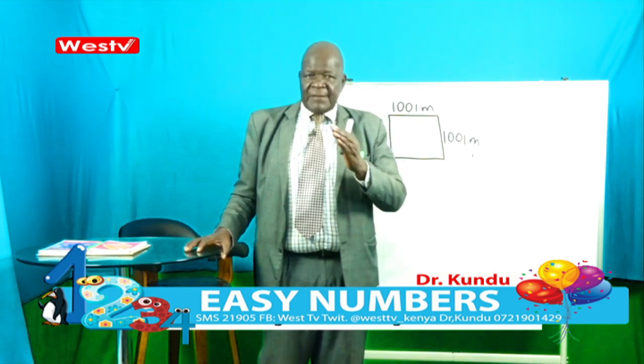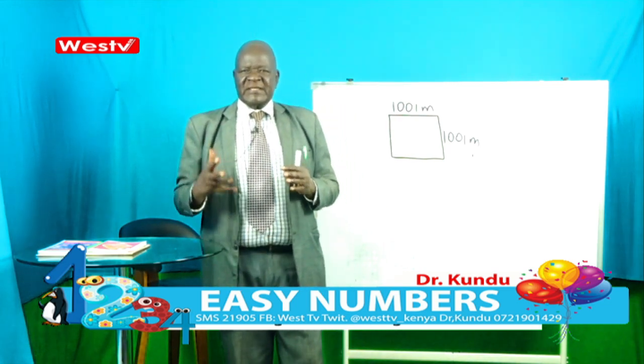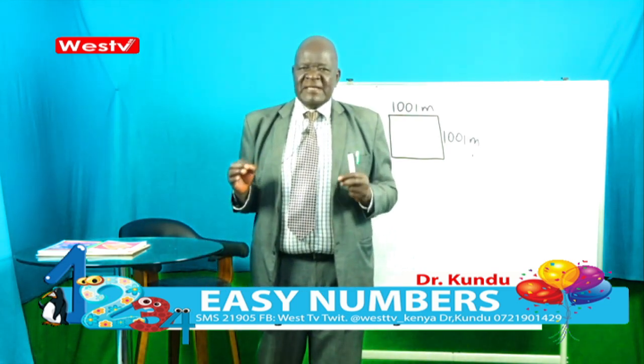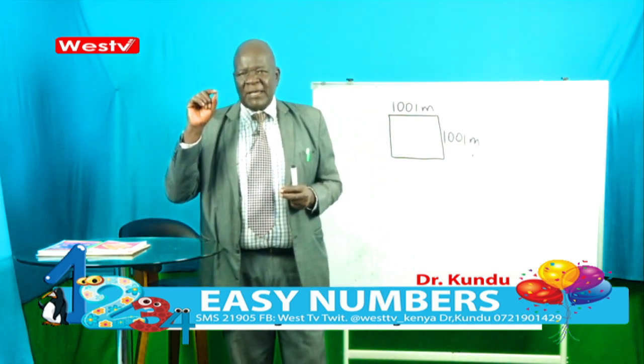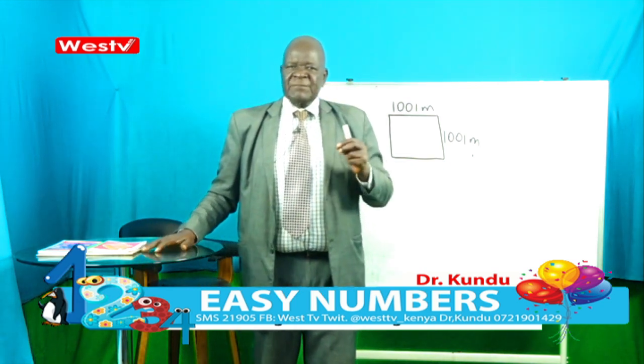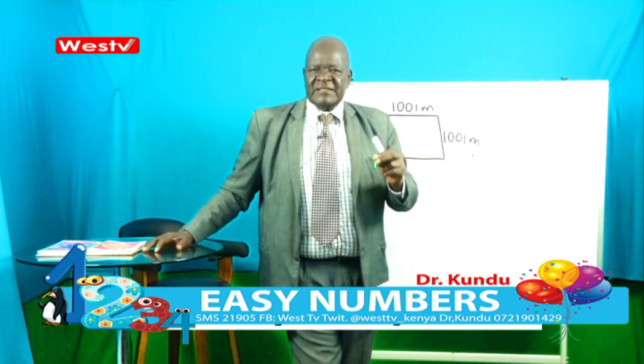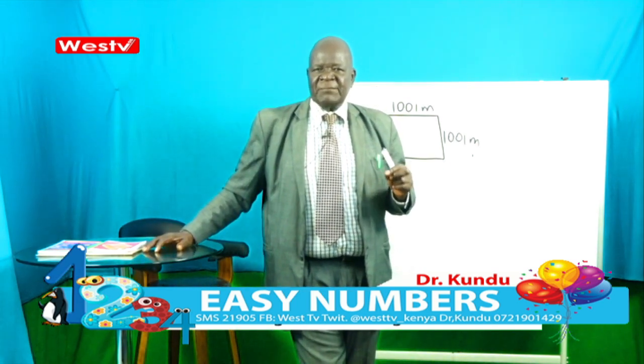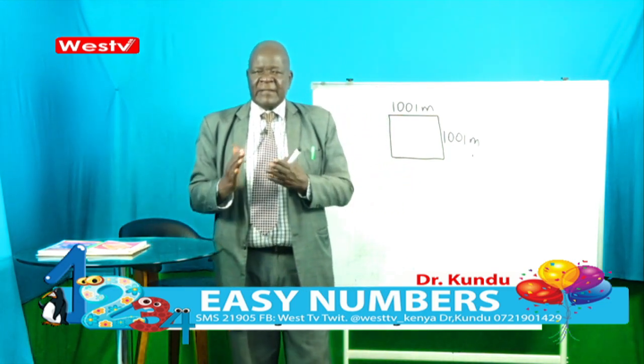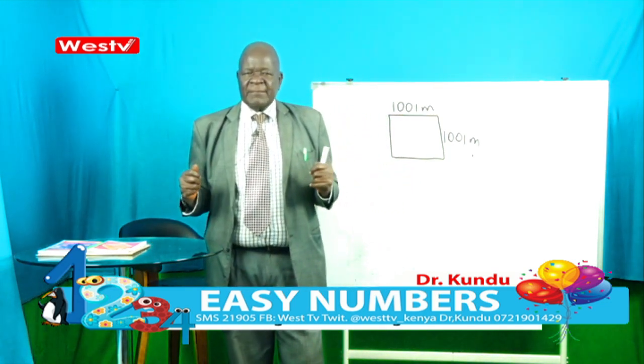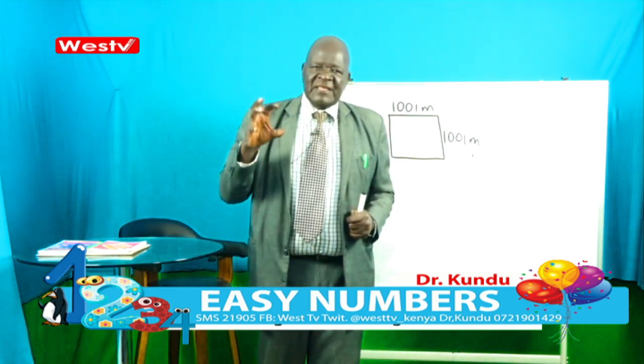But the trained person knows that when I am dealing with a number that begins by 1, ends by 1, and the center is zeros, it doesn't matter how many they are, I will simply ignore the zeros in the center. Then I remain with 11.